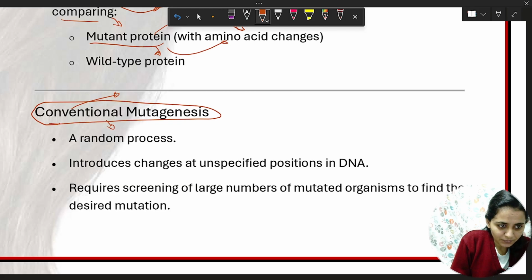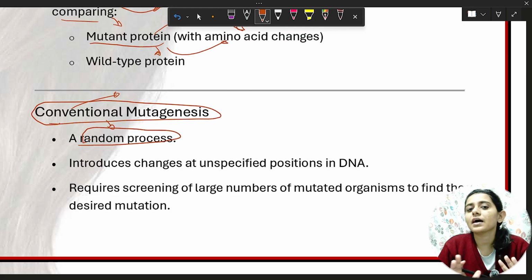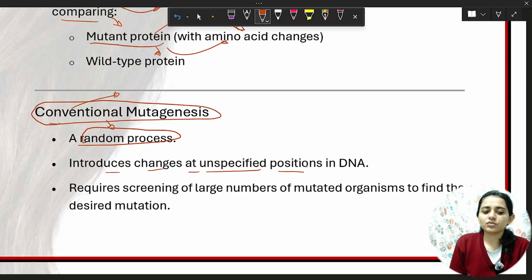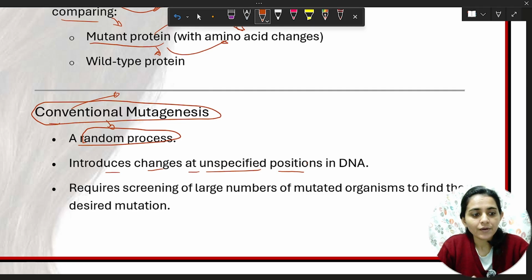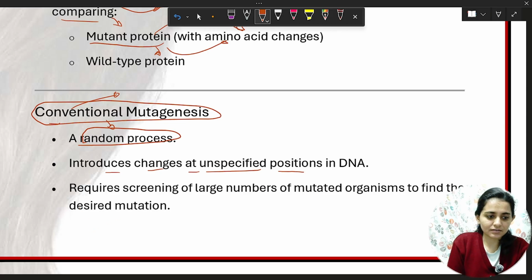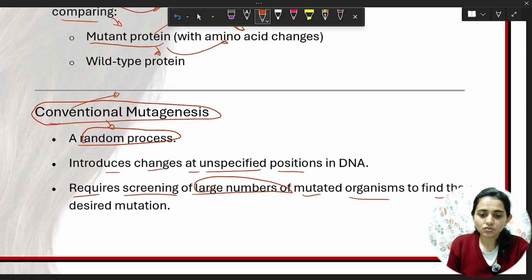At that time the mutation was a random process, not a site specific process, and it introduced changes at unspecified positions because we don't know; we did random mutation anywhere in the DNA sequence. But nowadays we are doing site-specific mutagenesis. It required screening of a large number of mutant organisms to find the desired mutation.